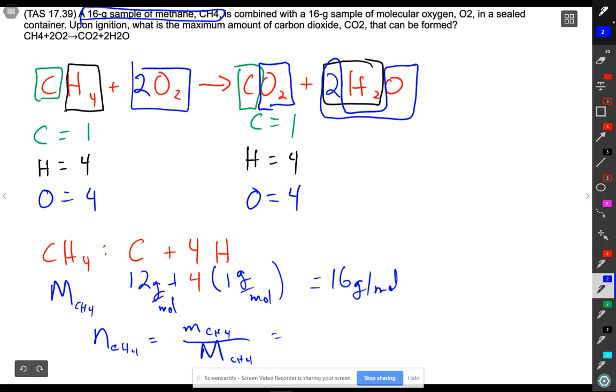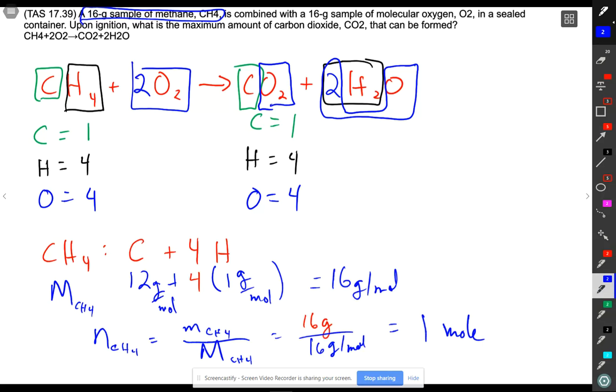So the mass we were given was 16. And what we just found for the molecular mass, 16 grams per mole. Well, 16 divided by 16 is not a hard math problem. 1. So that's 1 mole.